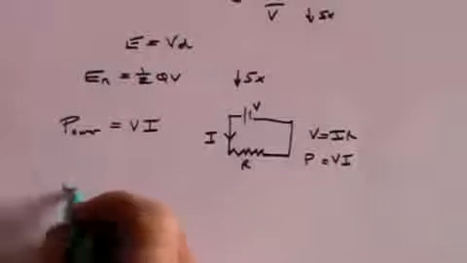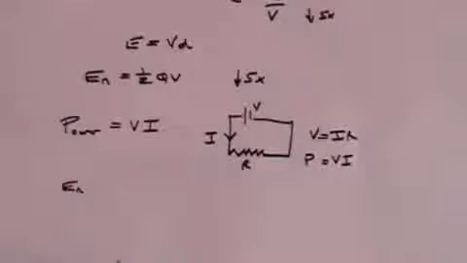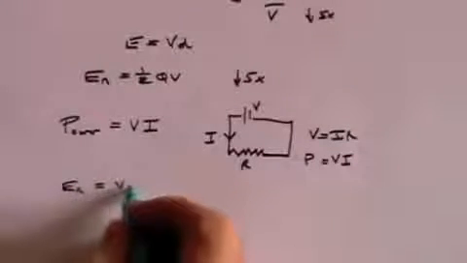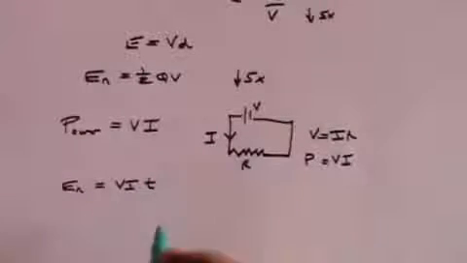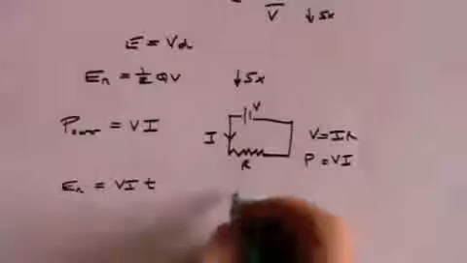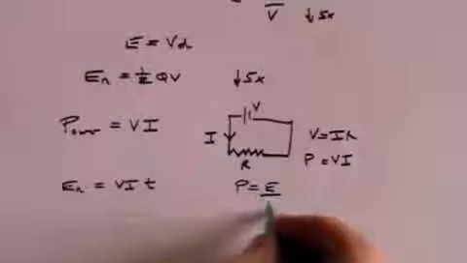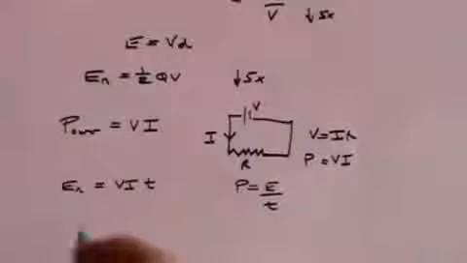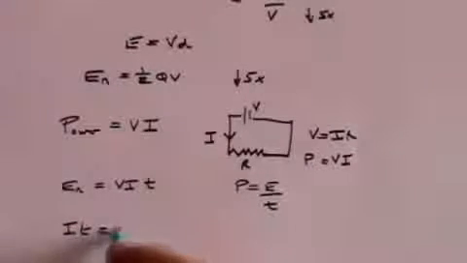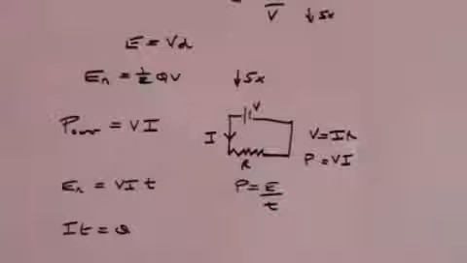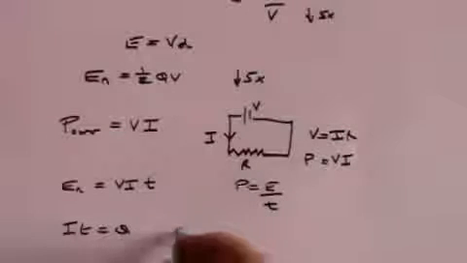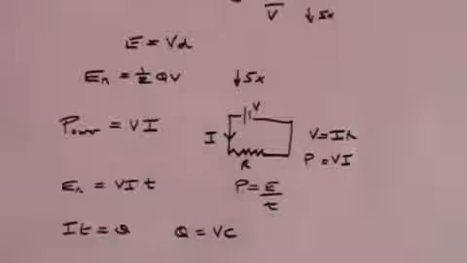Energy therefore, which is power times time, is VI, which is the power, times T in seconds, because power is energy divided by time. Now, IT is simply charge, because current is charge flowing in a particular time. And Q is equal to VC.